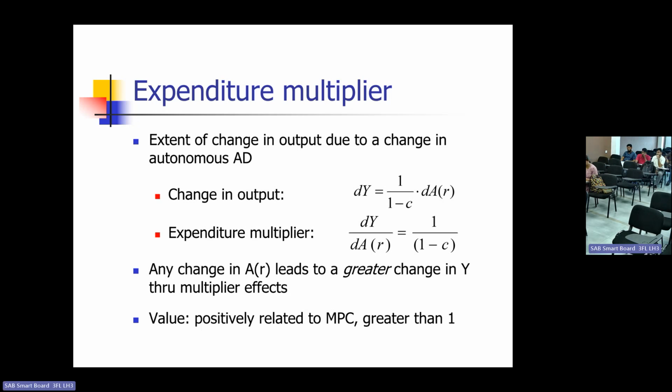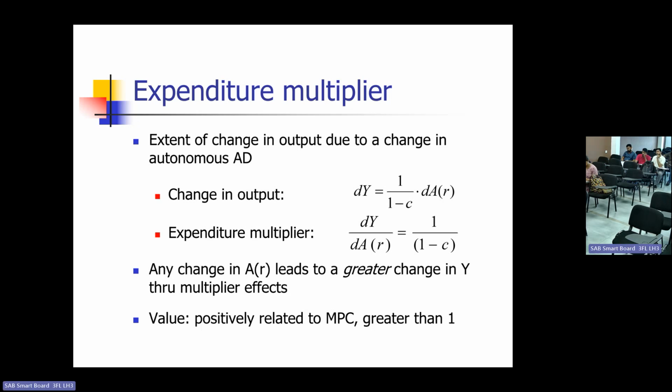This component increases, the whole component is reduced, 1 over that. So the multiplier increases. That means K, the autonomous expenditure multiplier, increases when there is a rise in the MPC, or C1.